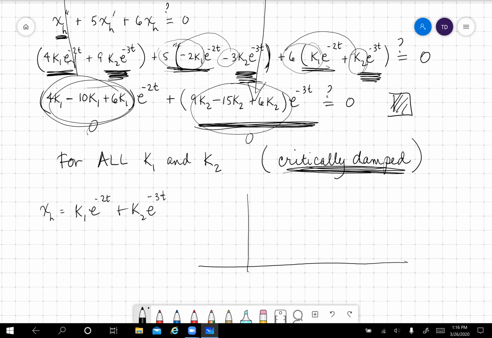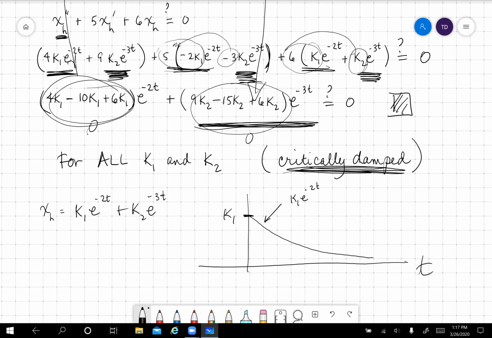K1 e to the minus 2t does this for t greater than 0. So that will be K1 e to the minus 2t. K2 e to the minus 3t, depending upon the value of K2.